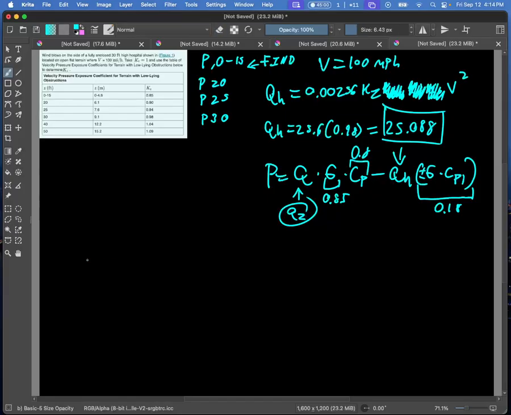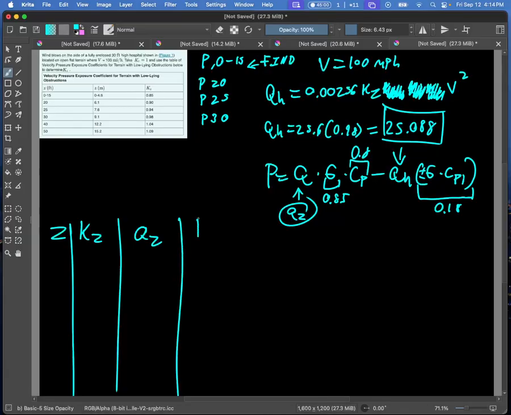Okay, now for our table. Z. Was it KZ? QZ. And then finally P. So we have 0 to 15.